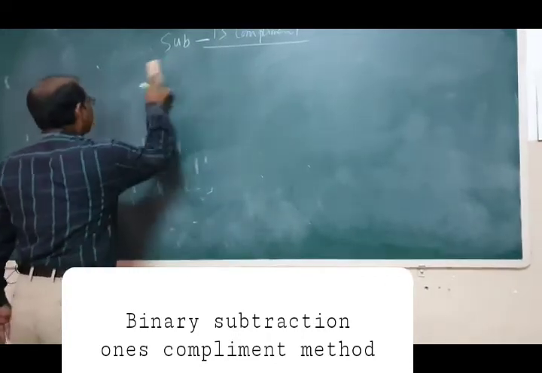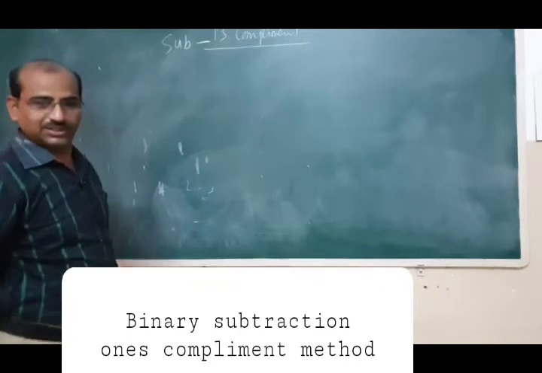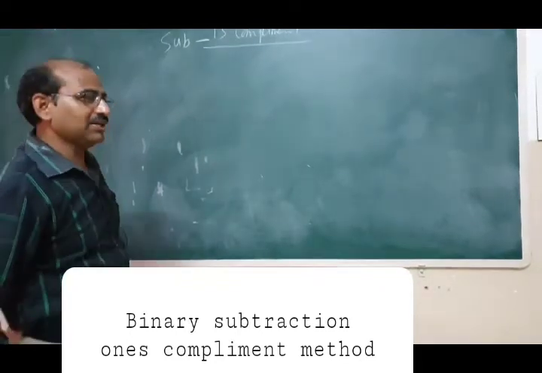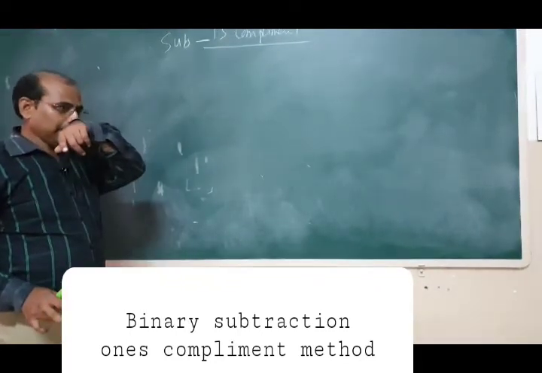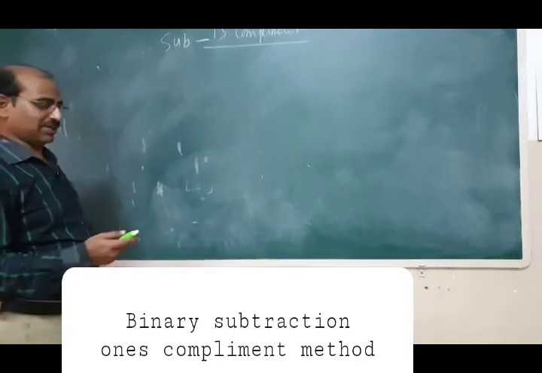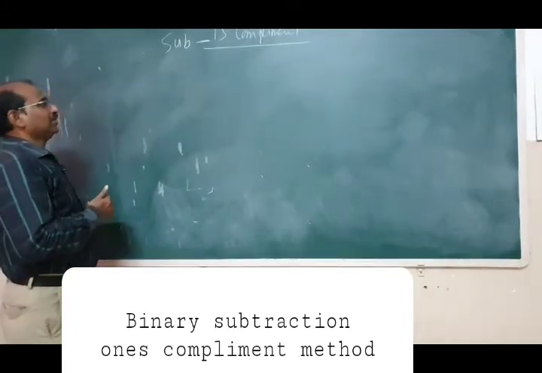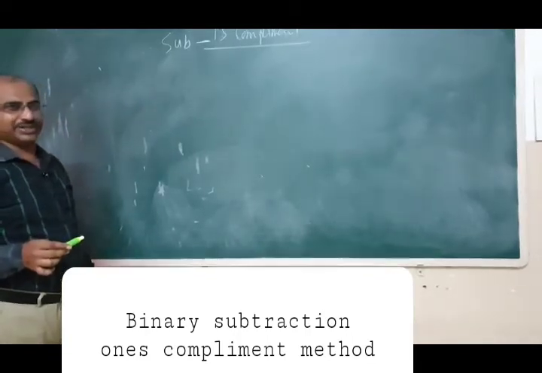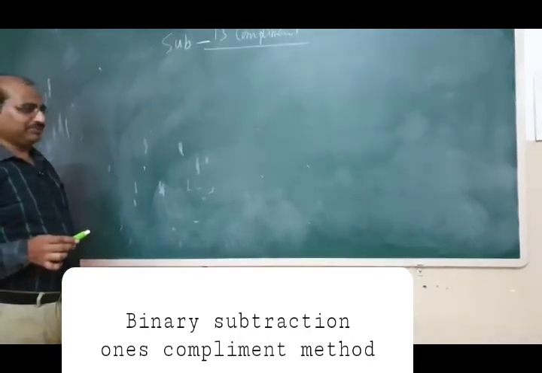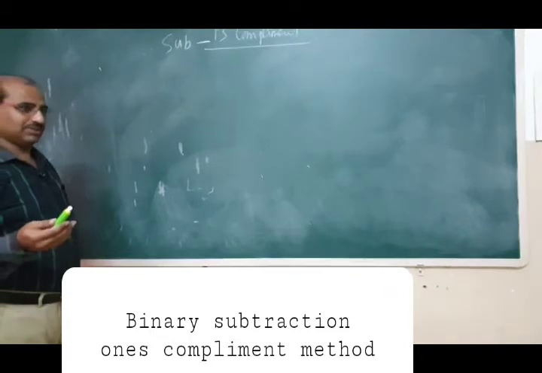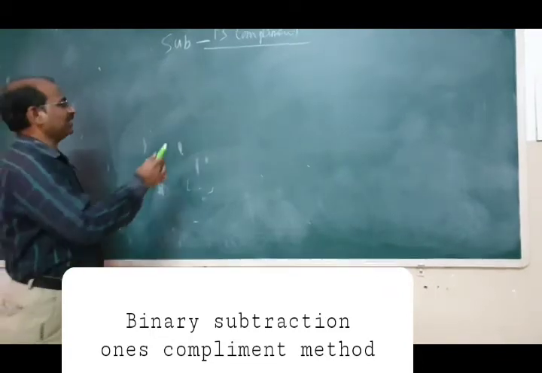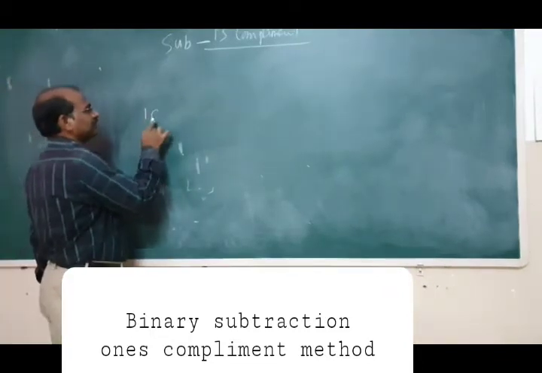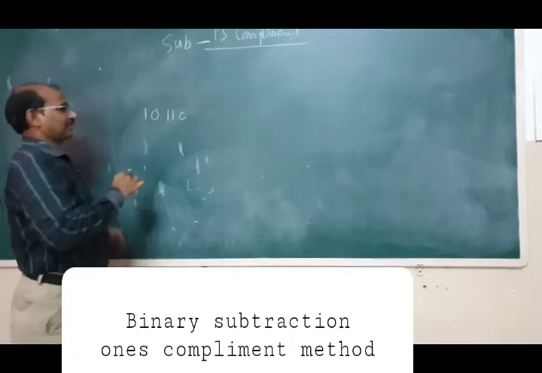Coming to subtraction, we will subtract numbers whose values are already known to you. For that purpose we will take small numbers, the subtrahend and minuend, maybe less than 30. Say 1 0 1 1 0.